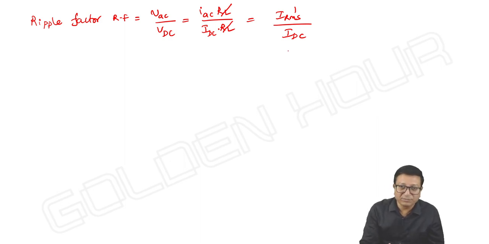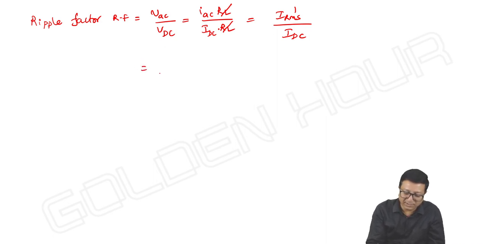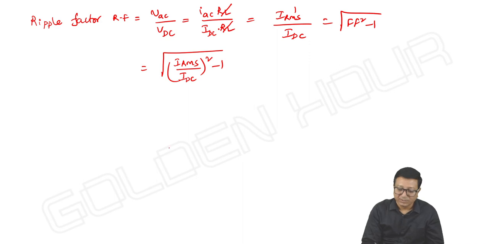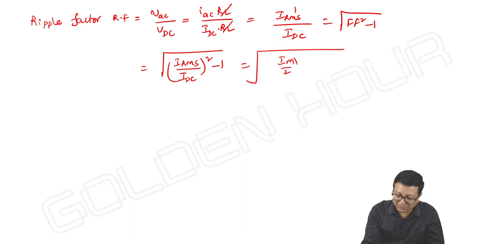And it is even further written like square root of form factor square minus 1. What is form factor? It is IRMS by IDC. So the ripple factor is square root of IRMS by IDC whole square minus 1. What is IRMS? It is Im by 2 whole square by Im by pi whole square minus 1.